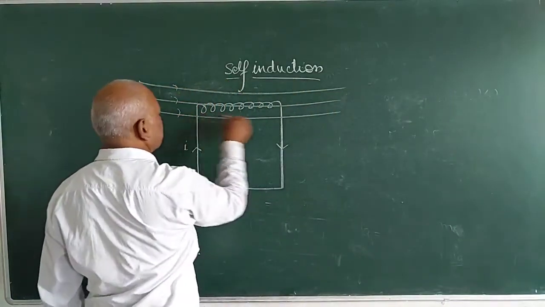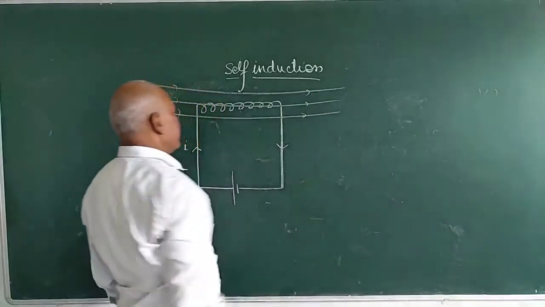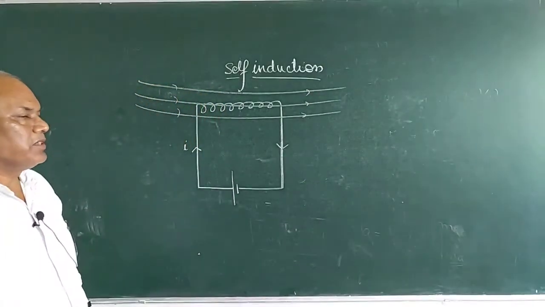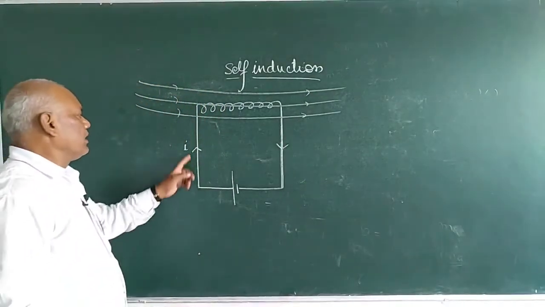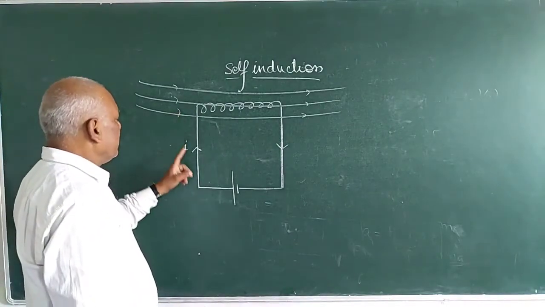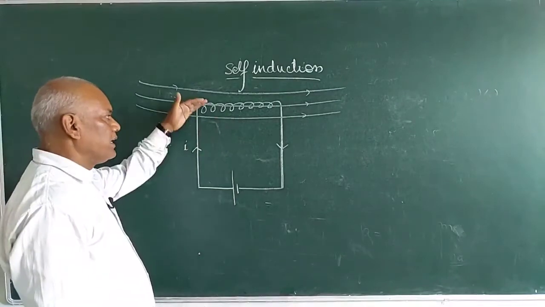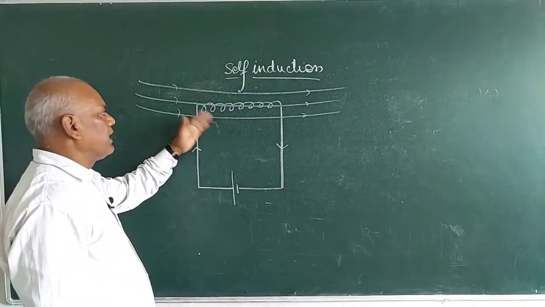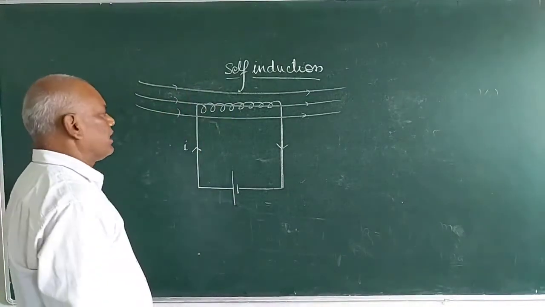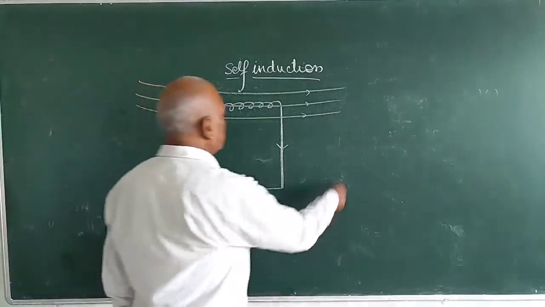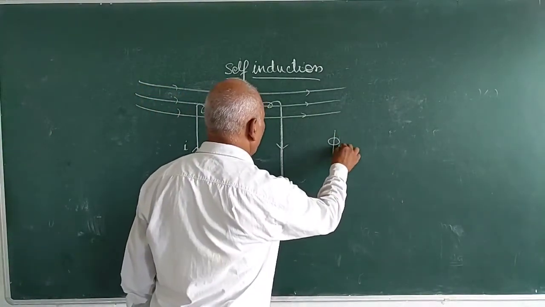These magnetic field lines pass through each turn of this coil. So let us suppose the magnetic flux attached to the coil is phi 1.